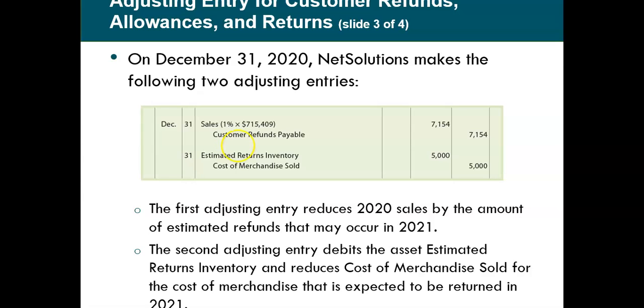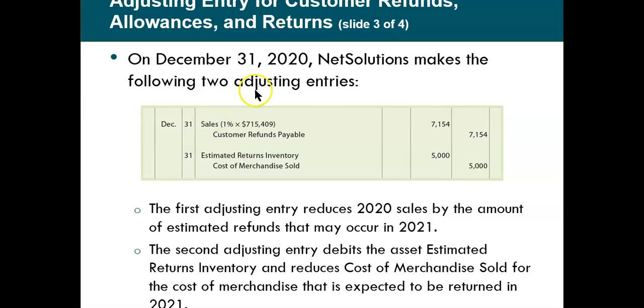For instance, if you are Walmart and you have a bunch of stuff sold in December, a lot of that stuff will be returned in January. Now, I know Walmart's year end is not December 31st, but let's just pretend it is for a second. Those returns in January really belong with the sales amount for December.